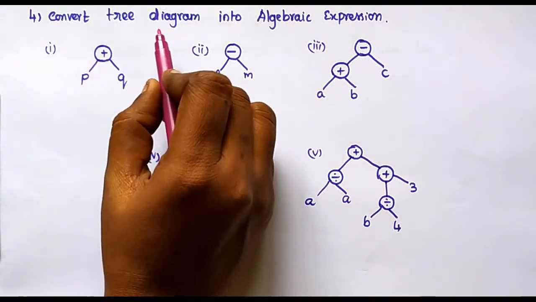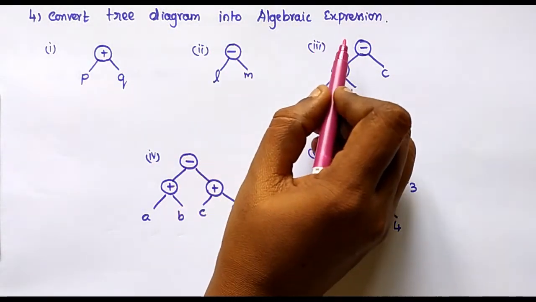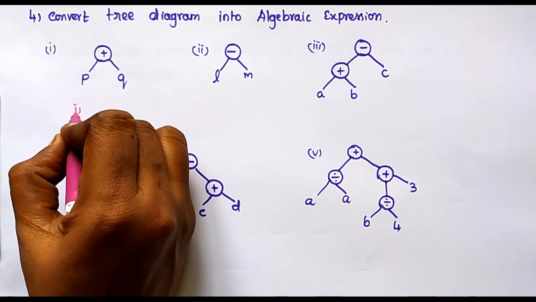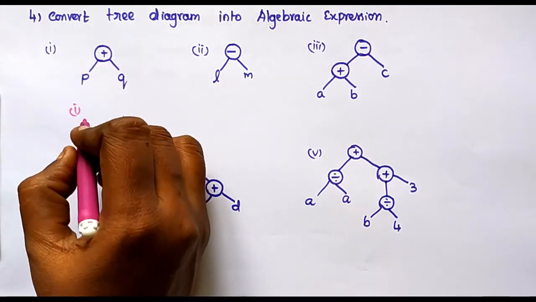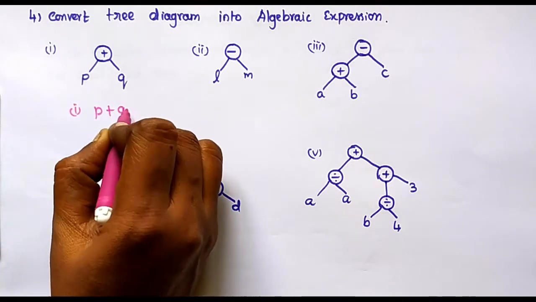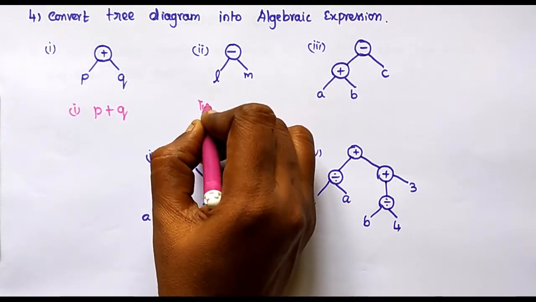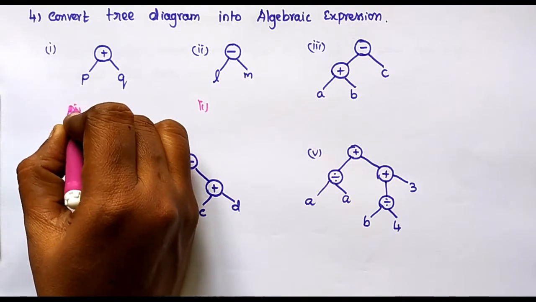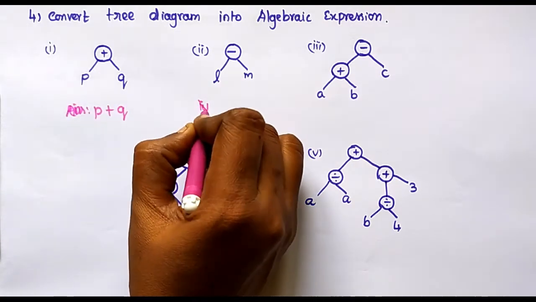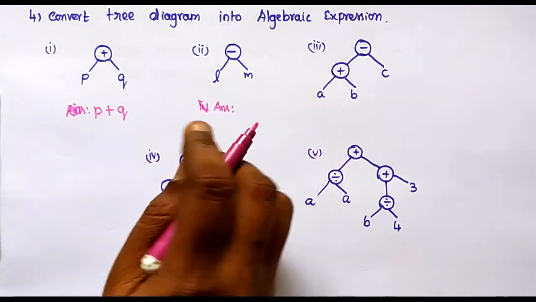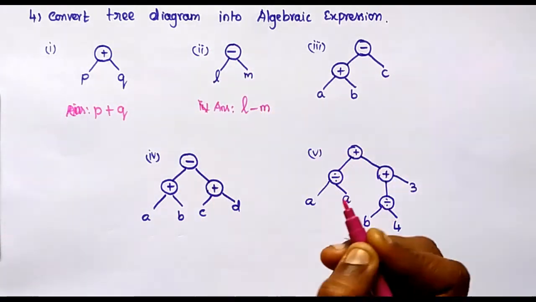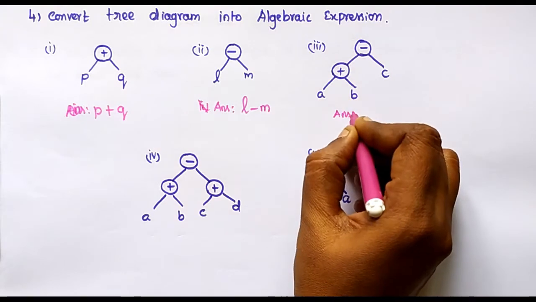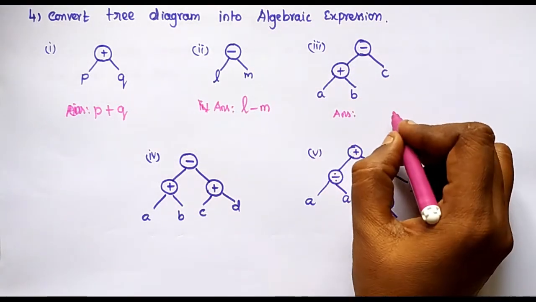Fourth sum, convert tree diagram into algebraic expression. Listen, first one, tree diagram, p, main operation is plus. So p plus q is the answer. Next one, answer: l minus m, l minus m. Next answer, main operation is minus.